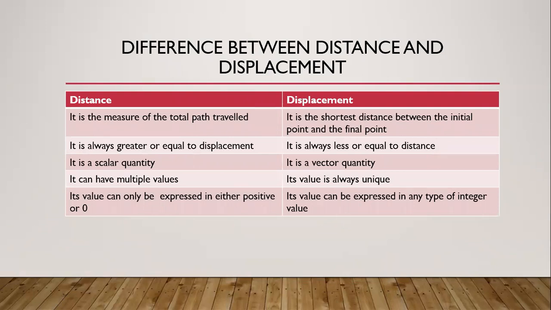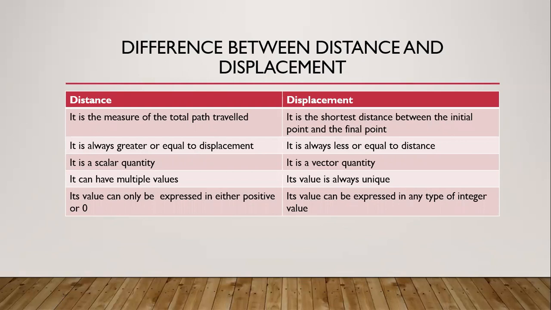And displacement is the shortest distance between the initial point and the final point. You can also use this point in a definition to make it more effective, and it is also easy to learn. Distance is always greater than or equal to the displacement. And displacement is always less than or equal to the distance.